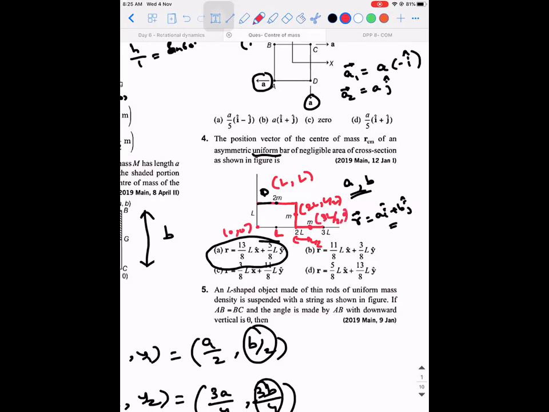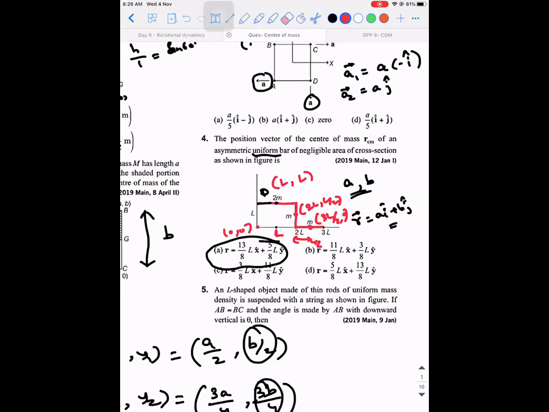Now can you calculate? So 2m into L plus m into 2L plus 3L by 2 into m, that will be the x coordinate. Sorry, it is 2L plus L by 2.